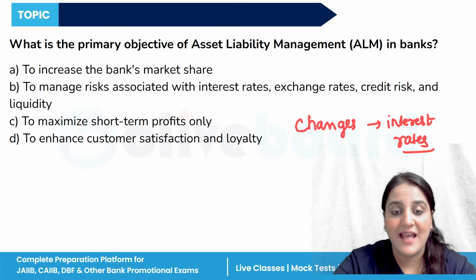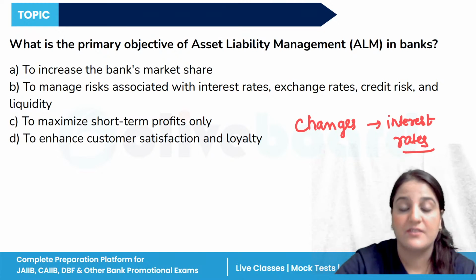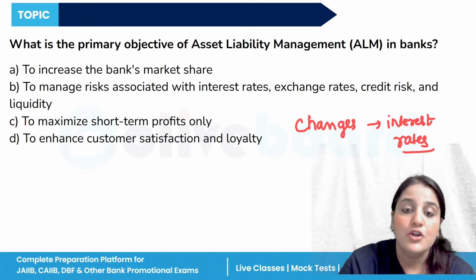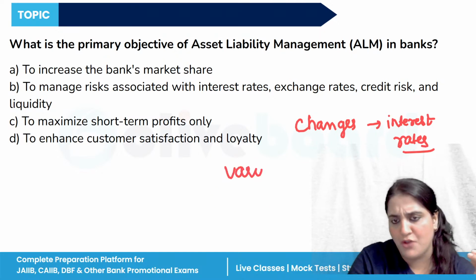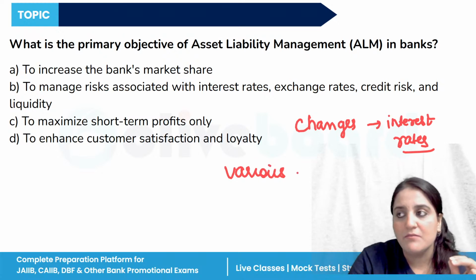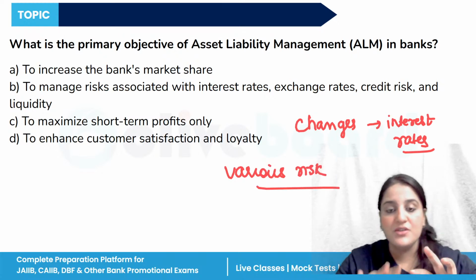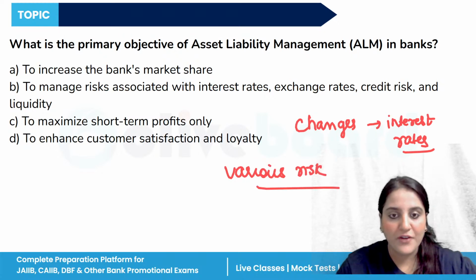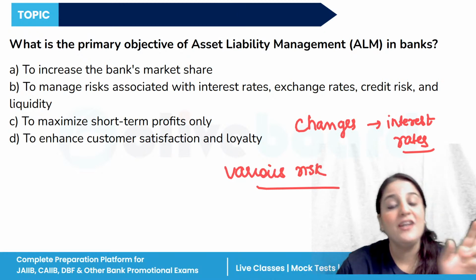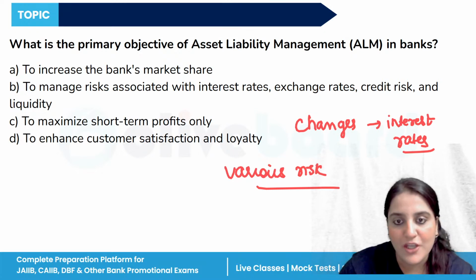This asset liability management technique is designed to manage various types of risk. Primarily, this aims to stabilize the short term profits, long term earnings, and long term quality of the bank.